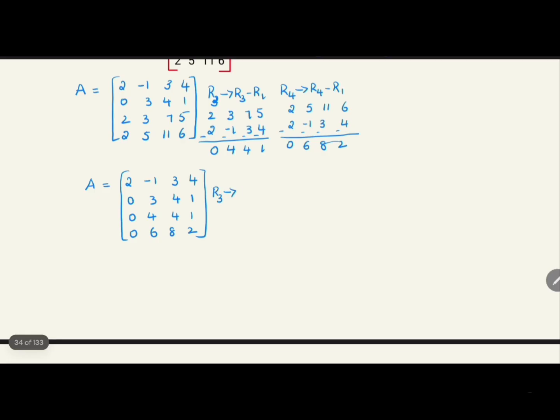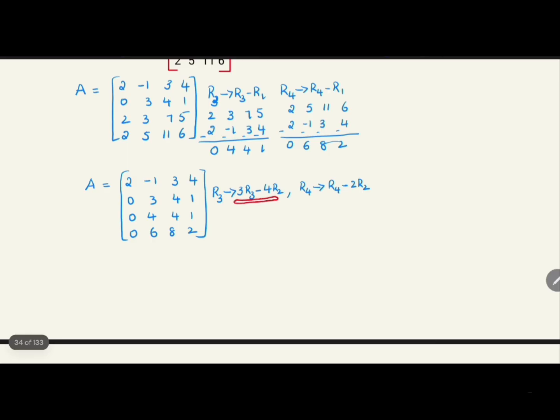R3 implies 3R3 minus 4R2. Okay, 3 4s are 12 and 4 3s are 12. Next, R4 implies R4 minus 2R2. Okay, is that clear?